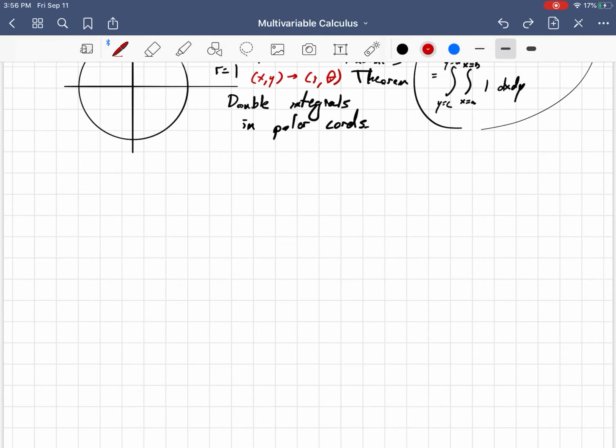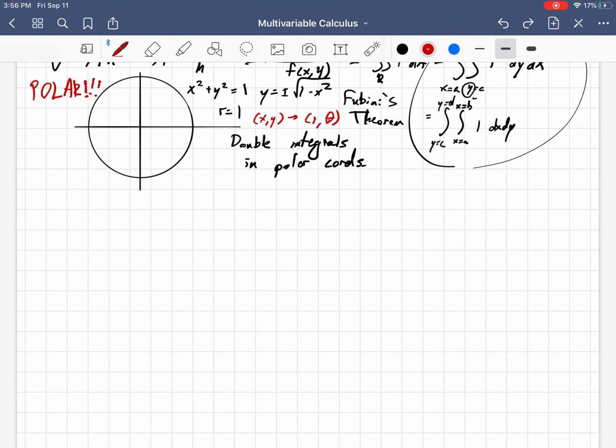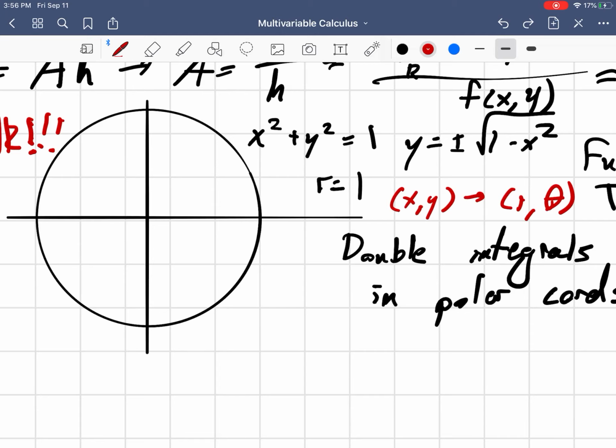Basically, what happens is when you switch from one coordinate system to another, you need to take into account how any arbitrary region in space changes as a result of that coordinate system change. So let me detail that a little bit more. So let's say we still have this circle.